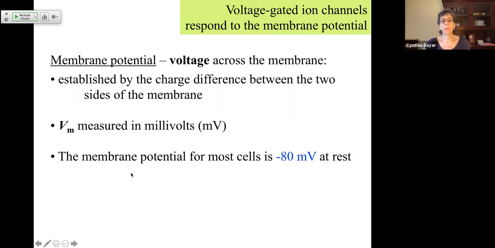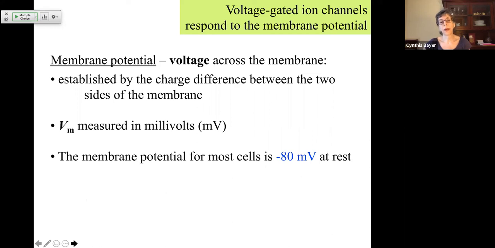So the membrane potential for most cells is a negative membrane potential, meaning there are more negative charges on the inside of the membrane compared to the greater number of positive charges on the outside of the membrane. And the membrane potential for most cells is about minus 80 millivolts.